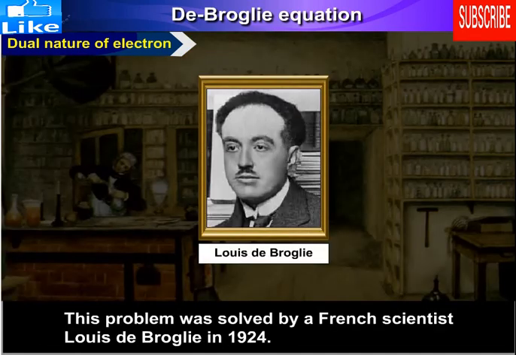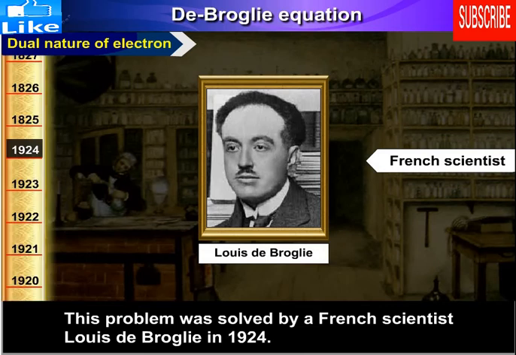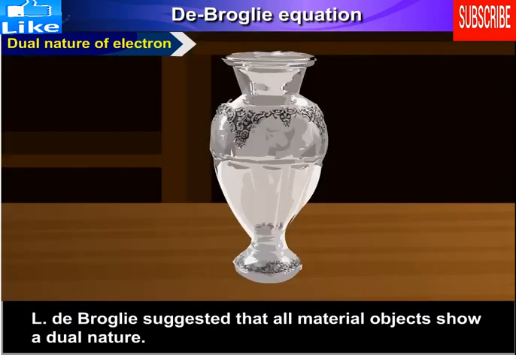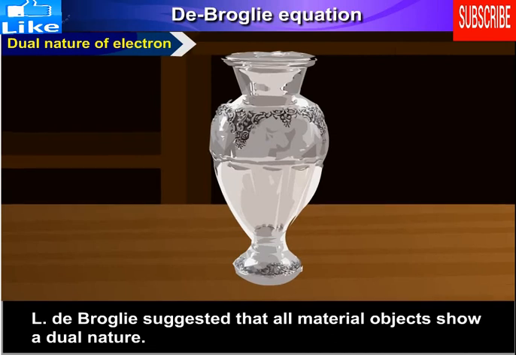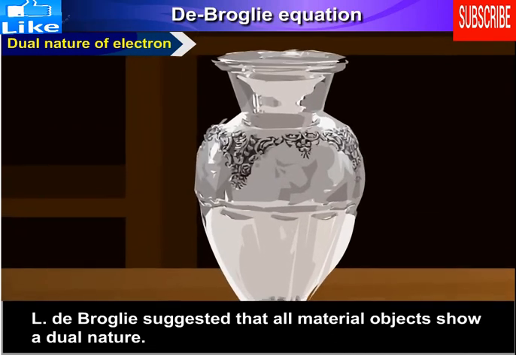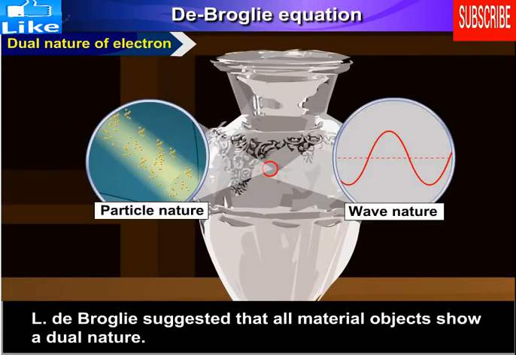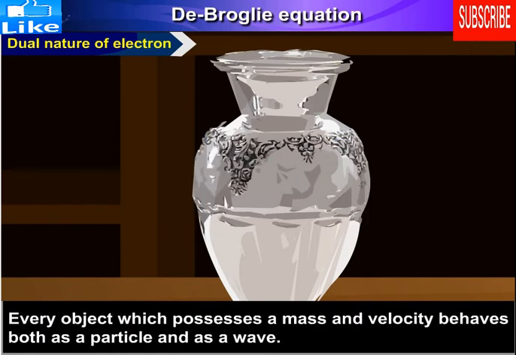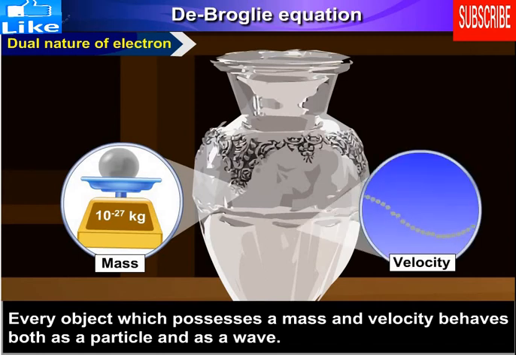This problem was solved by a French scientist, Louis de Broglie, in 1924. Louis de Broglie suggested that all material objects show a dual nature. Every object which possesses mass and velocity behaves both as a particle and as a wave.